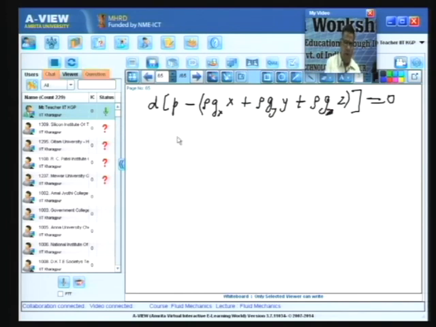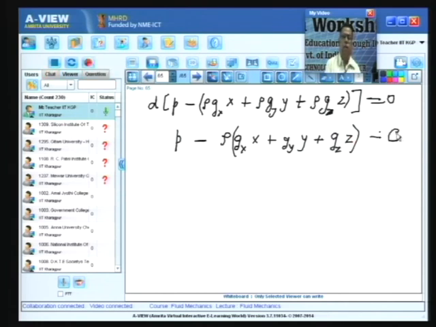That means, P minus rho g x x plus g y y plus g z z will be equal to some constant if I integrate this.